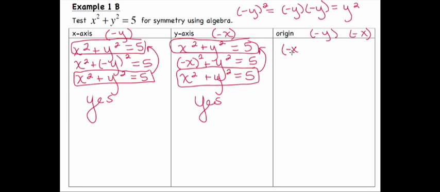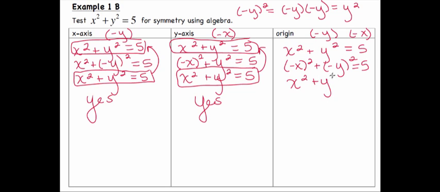So I get negative x, I like to write the original down. x squared plus y squared is equal to 5. And we get negative x squared plus negative y squared is equal to 5. And then this term is going to clean up to positive x squared. The second term is going to clean up to positive y squared. Bring down our equal 5, and we're ready to compare.